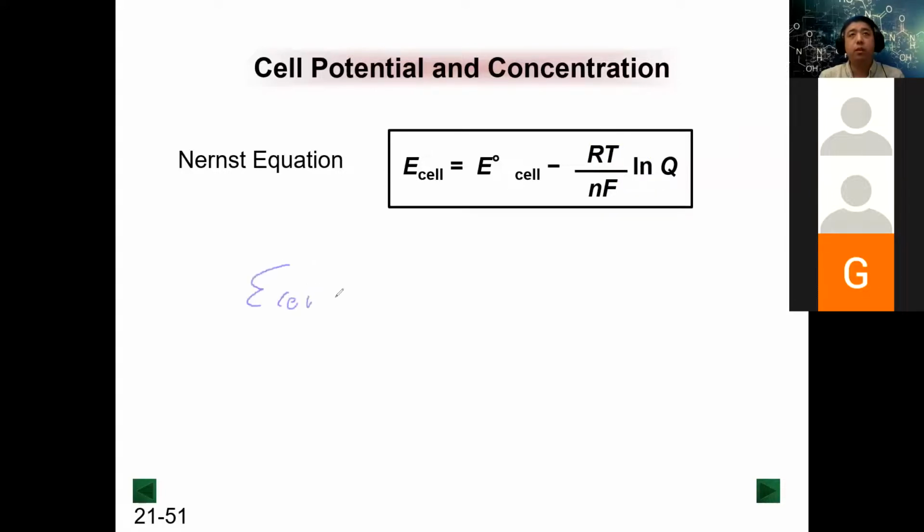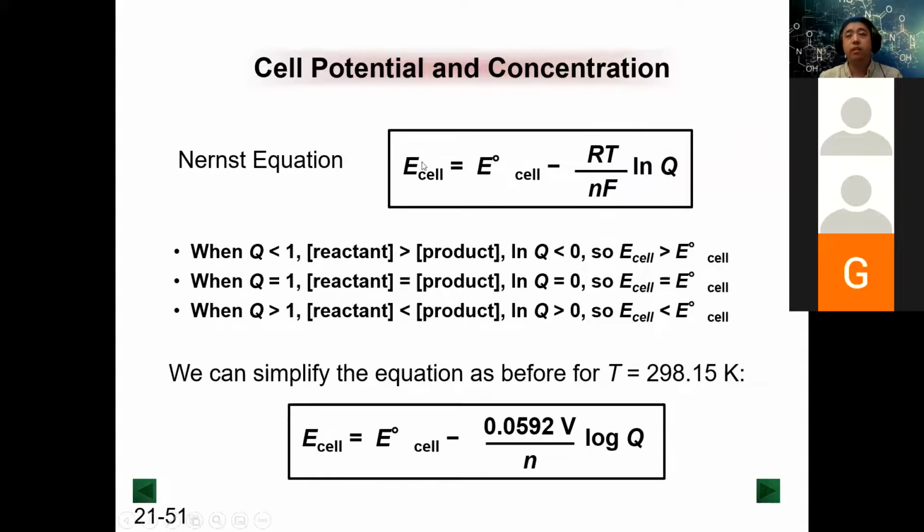So we get E cell is equal to E cell at standard state minus 0.0592 over n log of Q. So we can remove all of these unnecessary constants and change it into this right here. Again, this only applies at 25 degrees Celsius. Now, this is the equation you should be getting at the very bottom, and this is also known as the Nernst equation. Question?